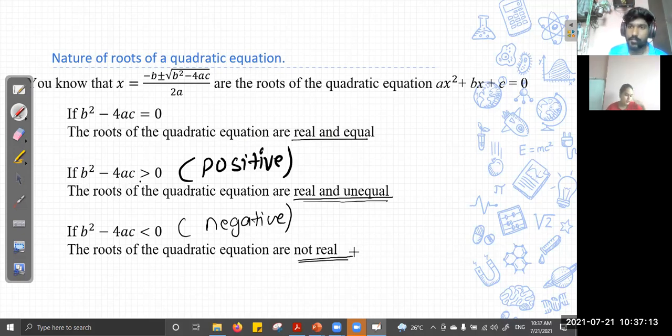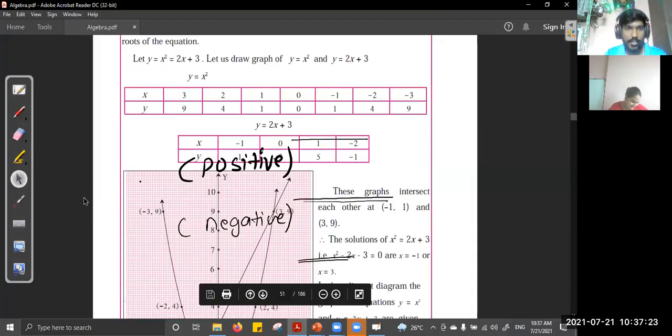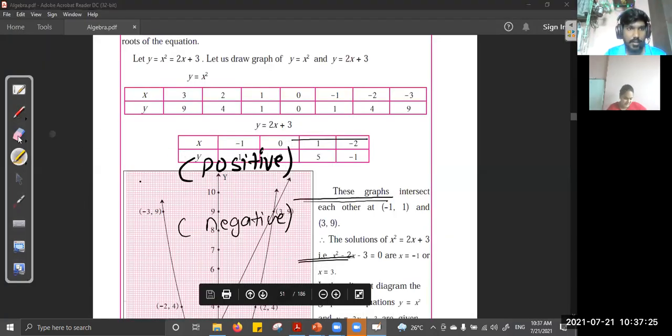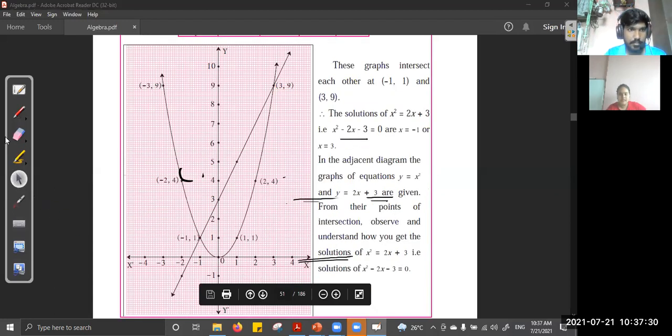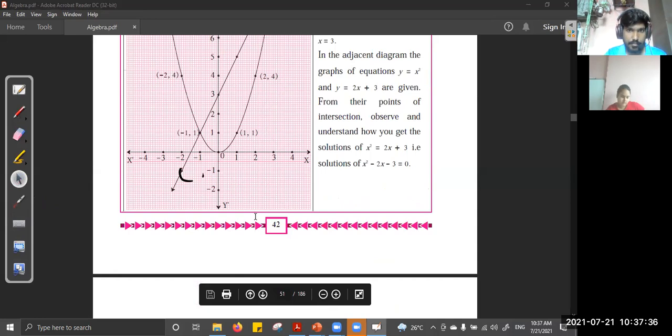Did you understand? So now we can say that 50 is real, minus 30 is not real, and 0 is real and equal. You're talking about page number 44.